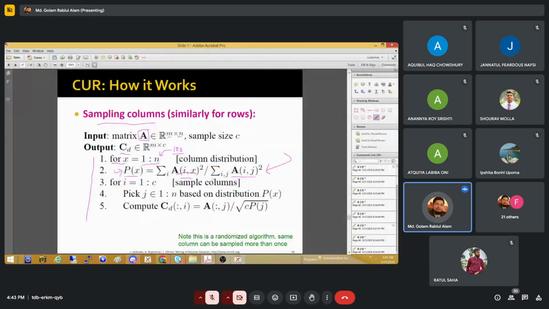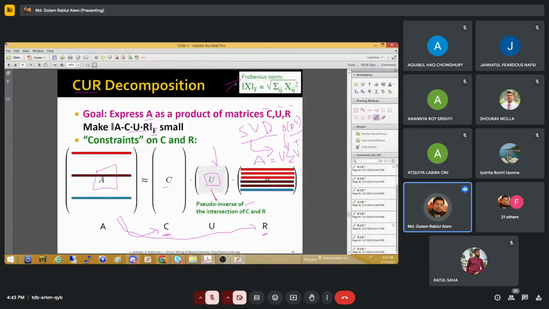This is the equation for the Frobenius norm. Here x is a vector, currently our vector is c1. The Frobenius norm of that is the square root of the summation of the squares of each and every element of x.